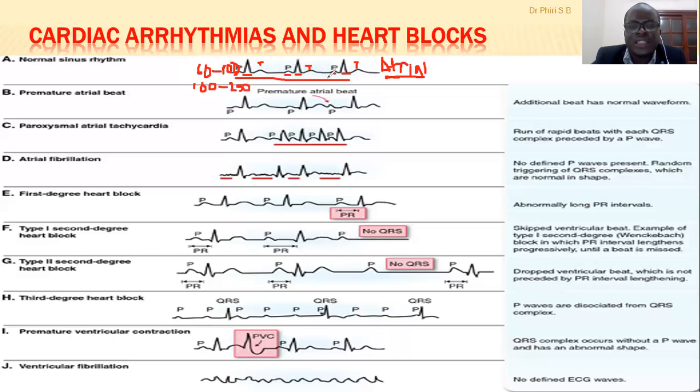With a tachycardia, you find that you have several P waves. So if you're looking at the ECG, you can have a P wave and another P wave and another P wave that is conducted to the ventricles, and then you have a QRS complex. Then to start again, you have a P wave and another P wave and another P wave, and then this will be conducted. Then you have a QRS complex like that.